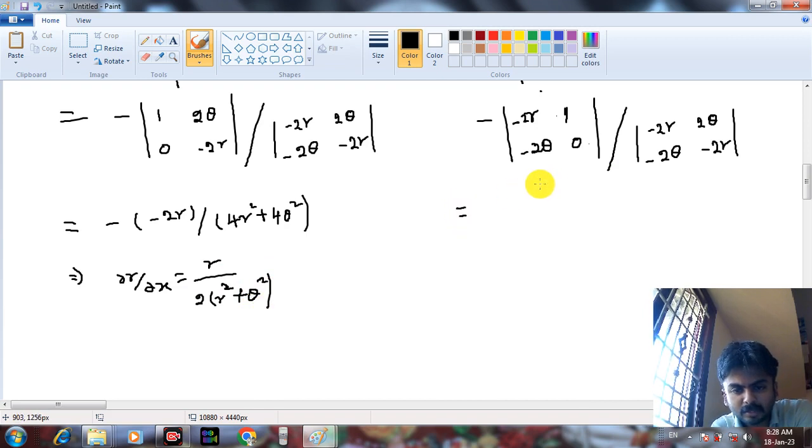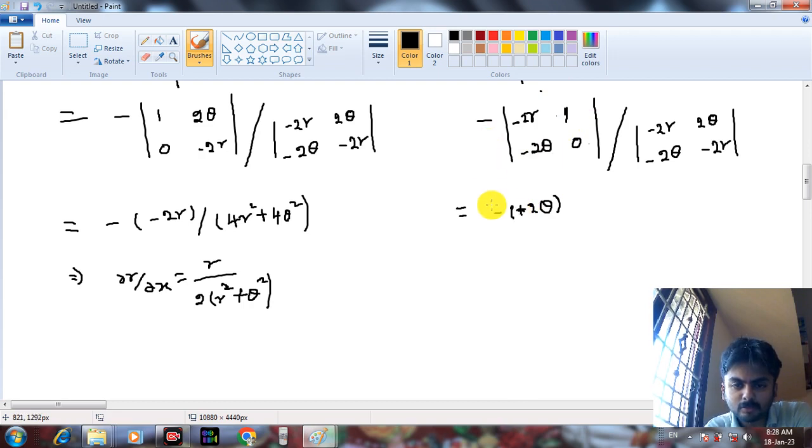And for this we are having minus 2 and 0 is 0, then minus of minus 2 theta, that is plus 2 theta.